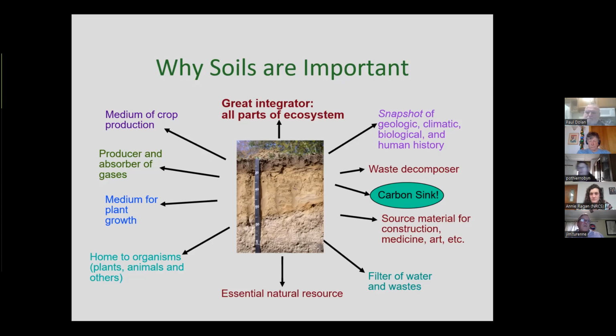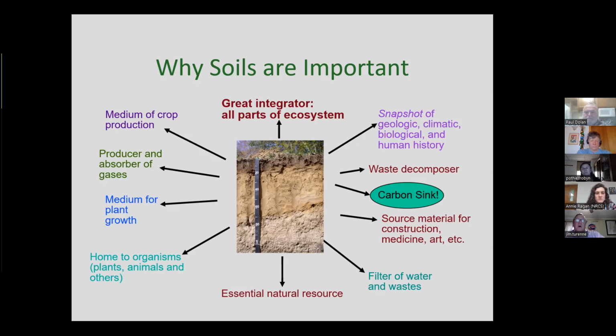They're the first insect to come out, usually the first day of spring, and they're living in the soil right now. It's an essential natural resource. It also gives you a snapshot of geologic time and climate, biological and human history. A good soil scientist can read the layers and interpret what happened in that soil over the past X amount of years since it's been developing.